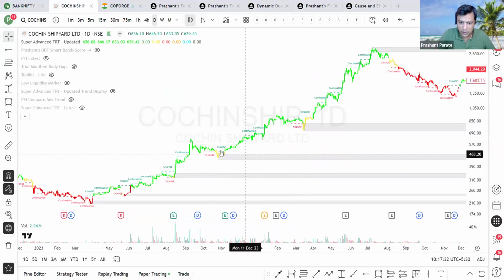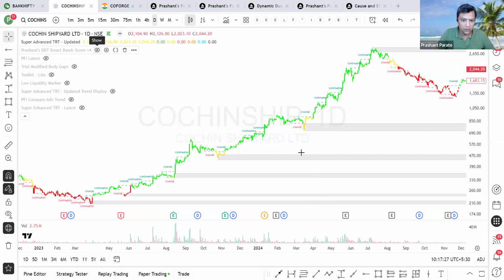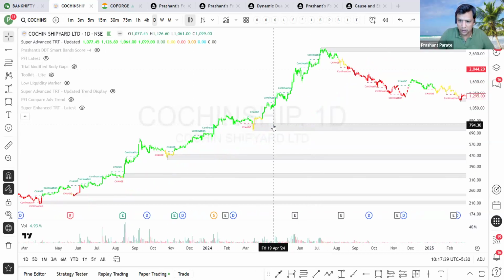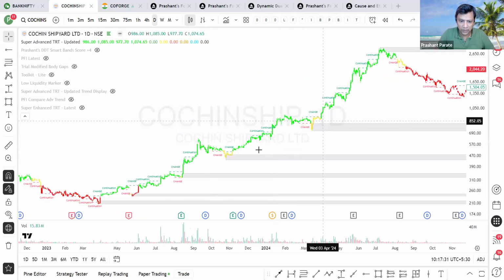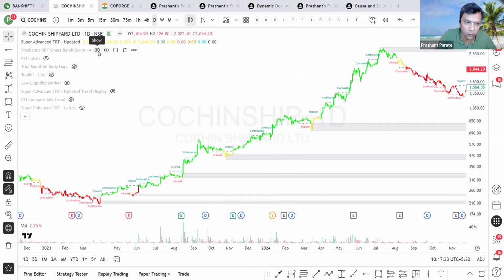Okay, so we can see there are multiple yellow colors here, and we have already changed the color to yellow so that that kind of stop can get avoided.